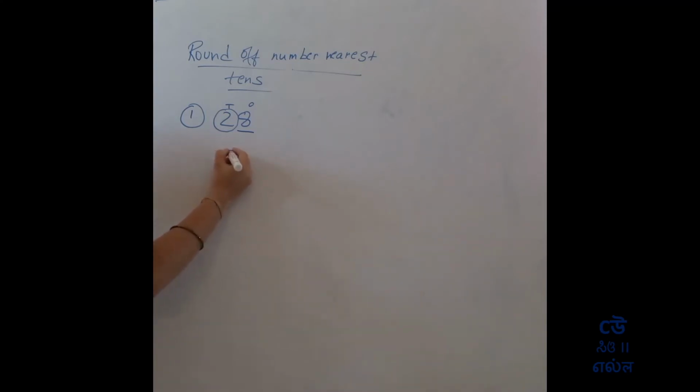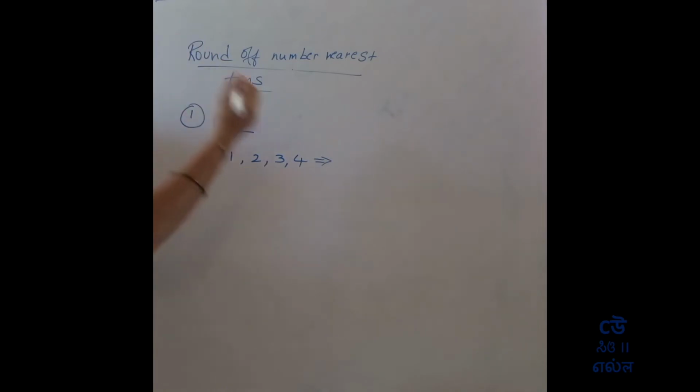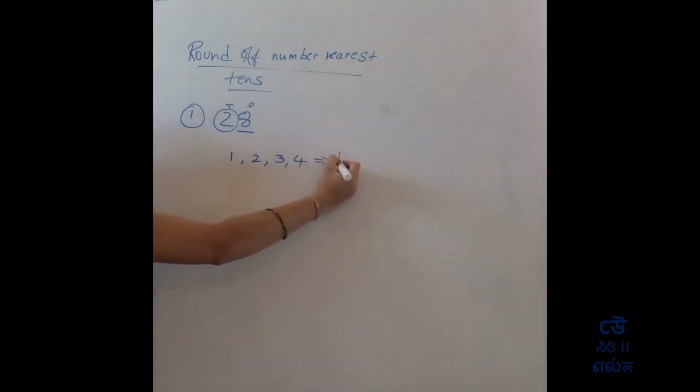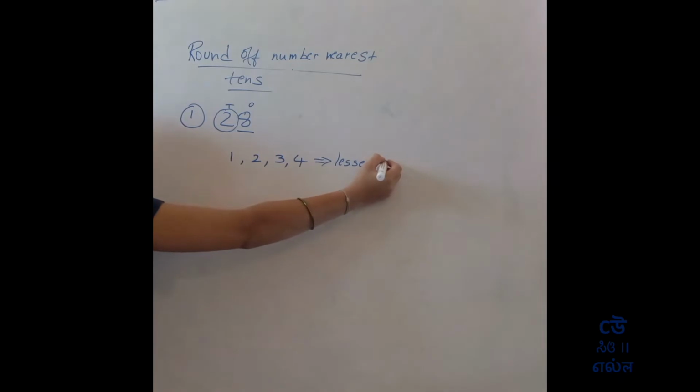Next, as I told you, we have 1, 2, 3, 4. These numbers are lesser than 5.